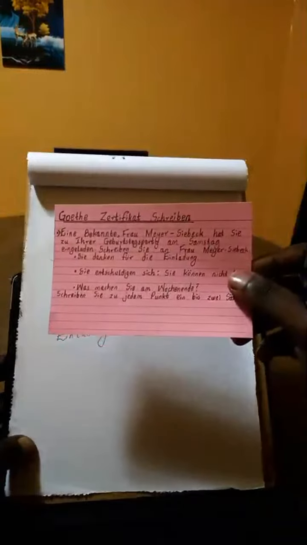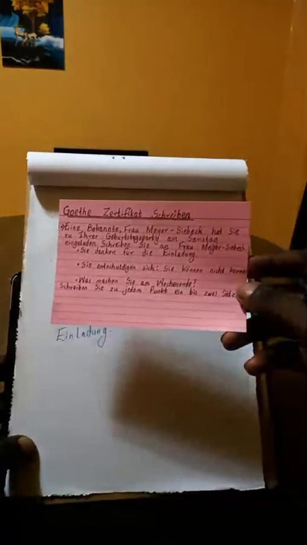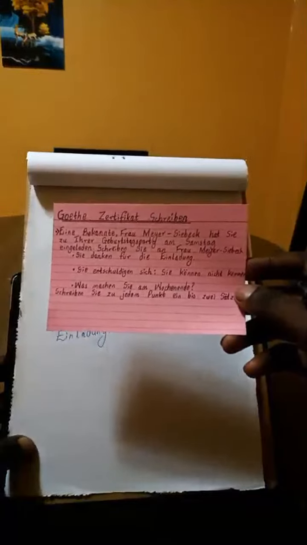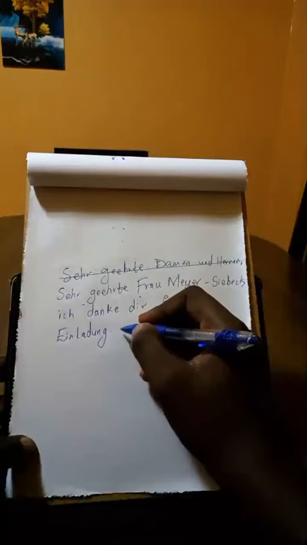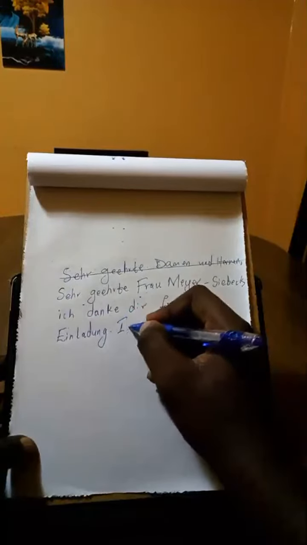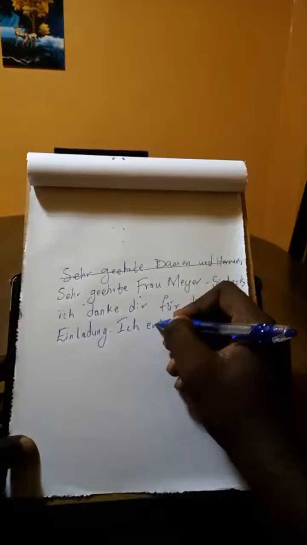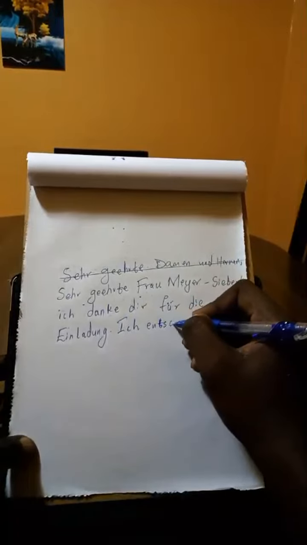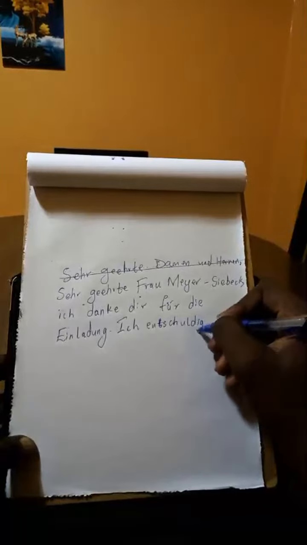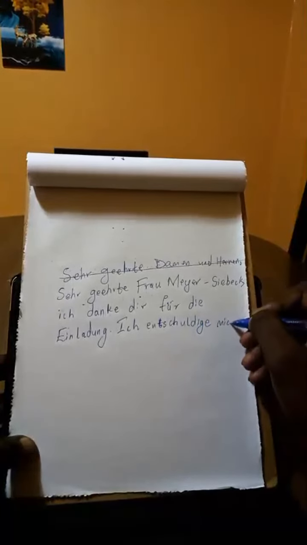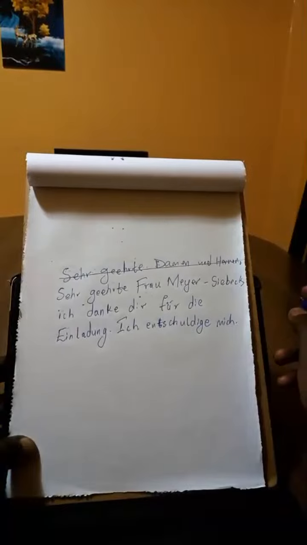Point number two is, Sie entschuldigen sich. You're apologizing, you cannot come. So you want to say, I'm sorry, I cannot come. So simply go ahead and say, ich entschuldige mich, full stop. And then you say, I cannot come.